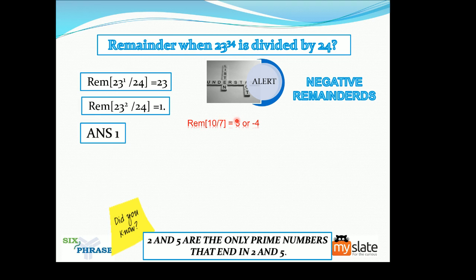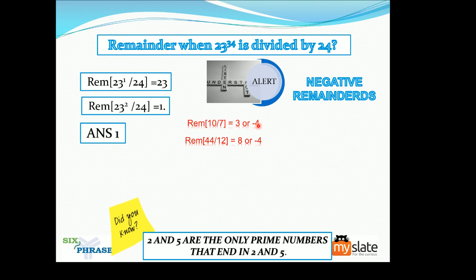From 7, how many places if I go will I get 3? 4 places. So that is why I get a negative 4 here. Instead of going forward, I'm going backward. If I go backward, I go into the negative space. So from here to here it is plus 3. From here to here it is minus 4. So by finding the positive remainder, you also find the negative remainder.